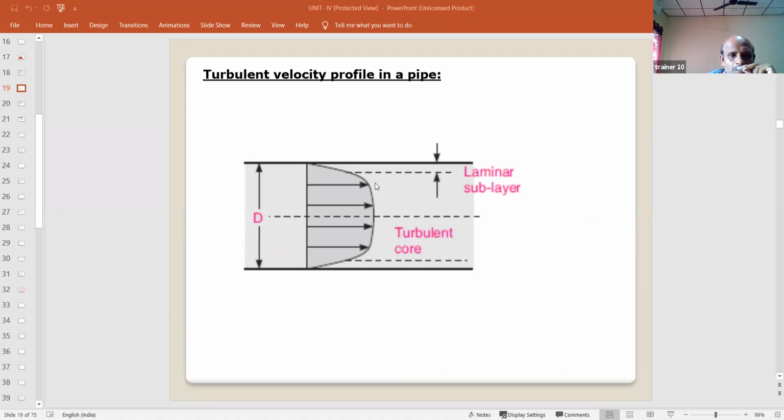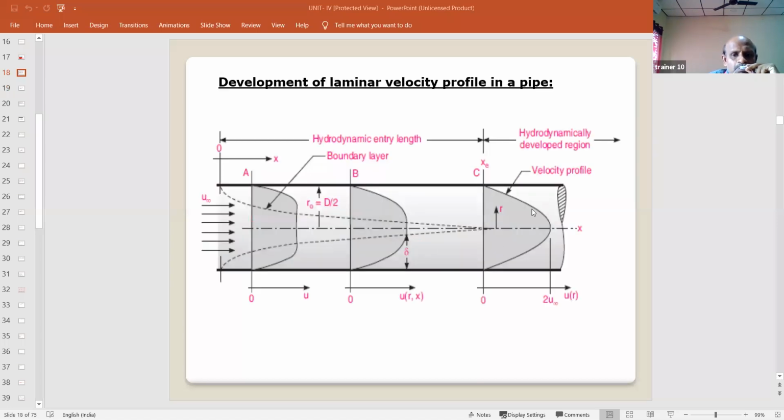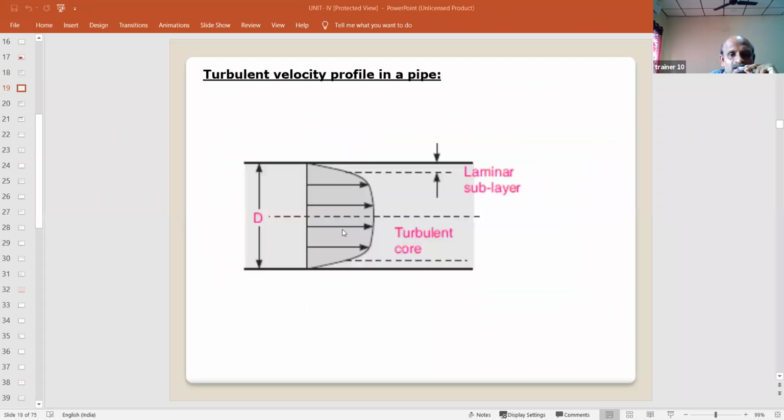In turbulent flow we cannot get any particular shape, but here it follows a parabolic shape, called the parabolic velocity profile. Here we can't say any shape of the profile; it changes according to the velocity.